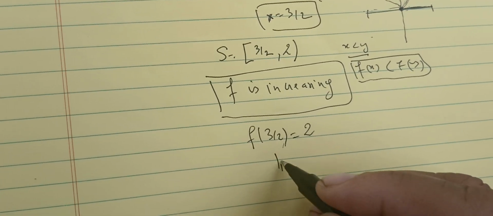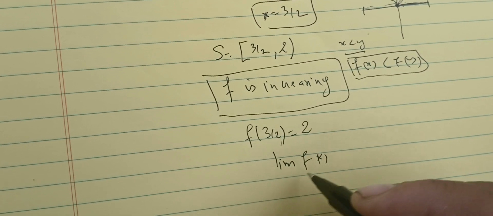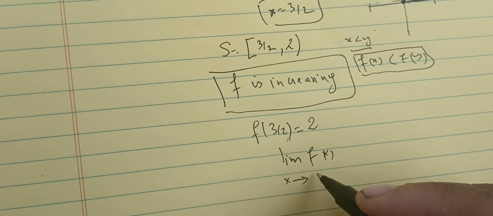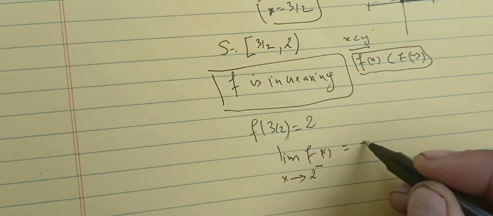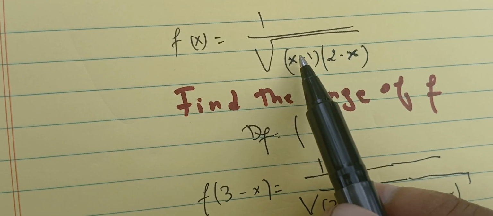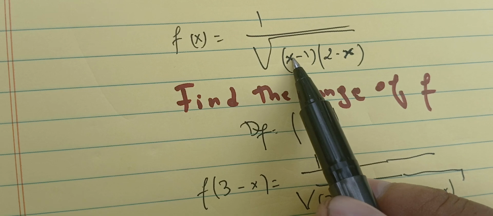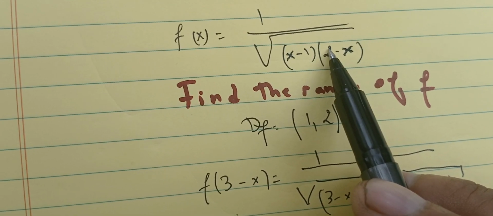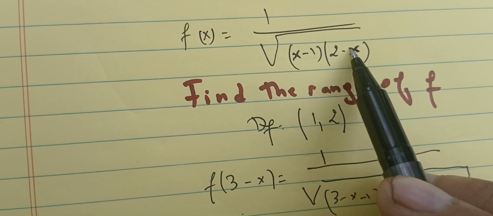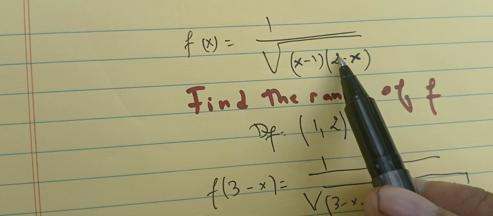So the limit of our function as x approaches 2 from the left is plus infinity. We can see that here. As we get closer and closer to 2, here we're going to have 1, but here we're going to have 2 minus x, smaller values close to 0.